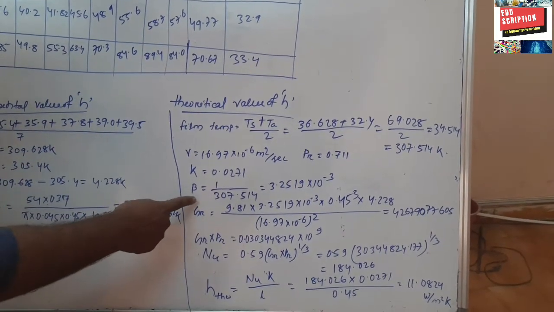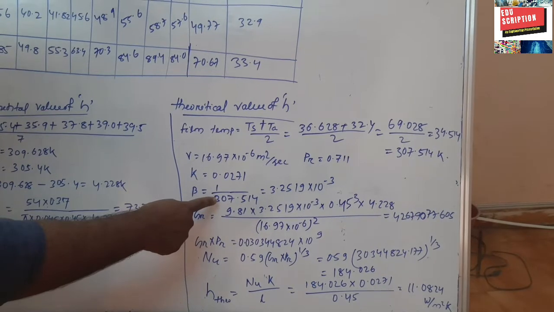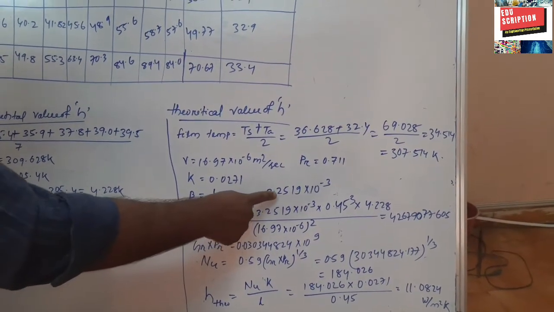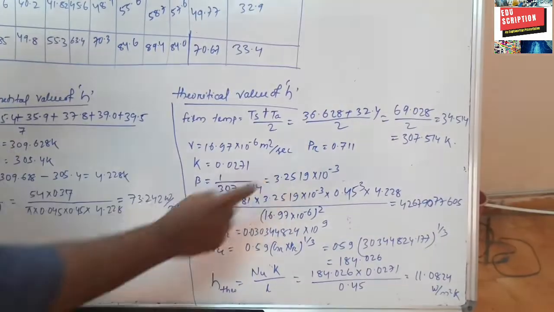Beta is equal to 1 by film temperature, that is 1 by 307.514, which is equal to 3.2519 into 10 to the power minus 3.